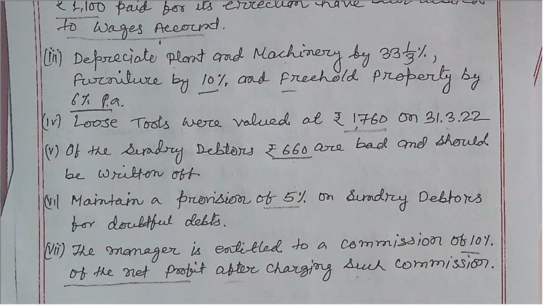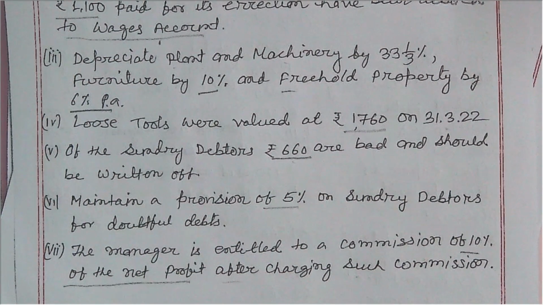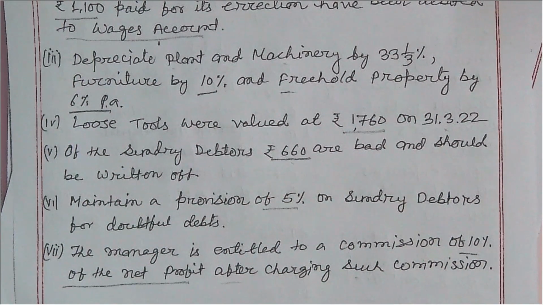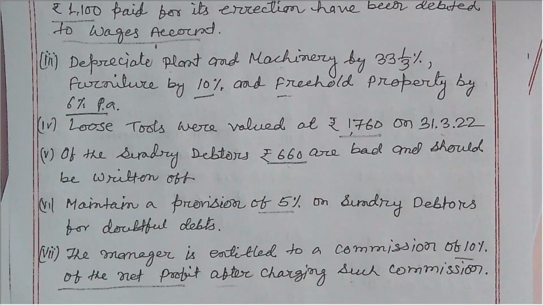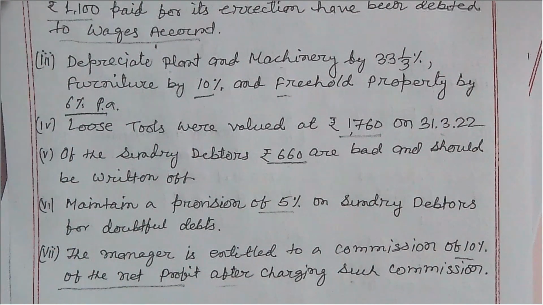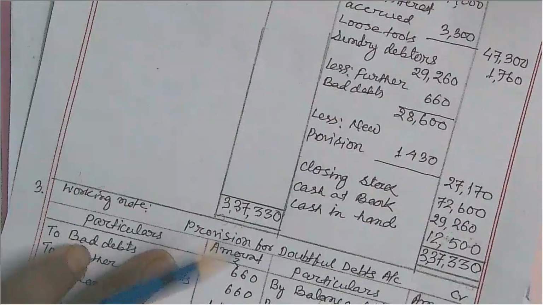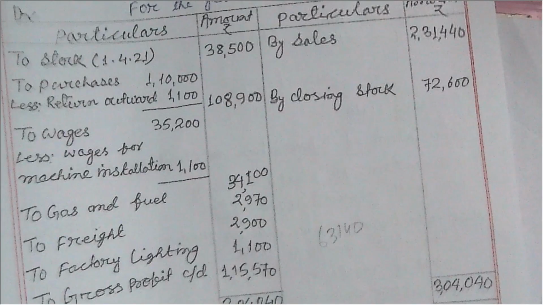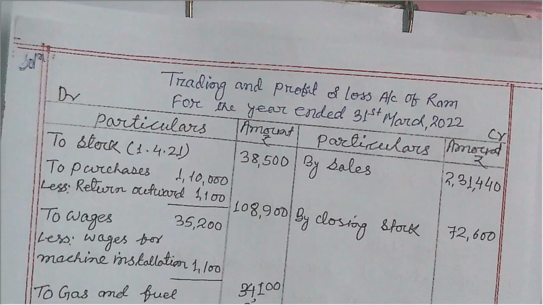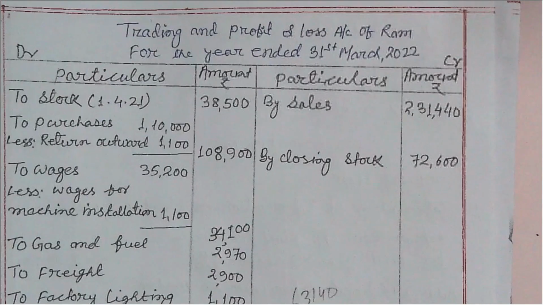Now with this question we have to prepare trading account, profit and loss account, and balance sheet. Now I will show you one by one solutions here. This is the trading account.